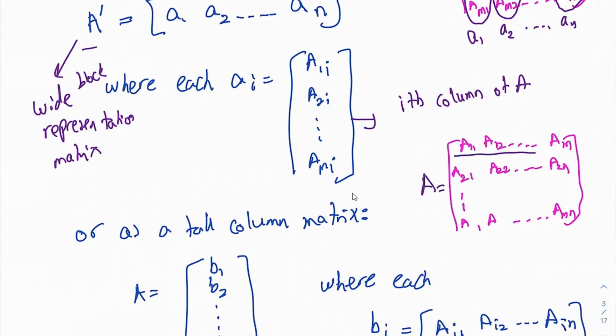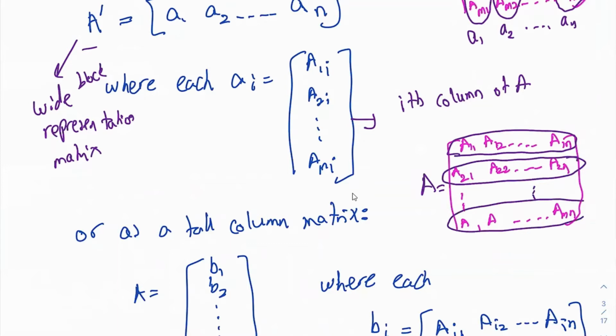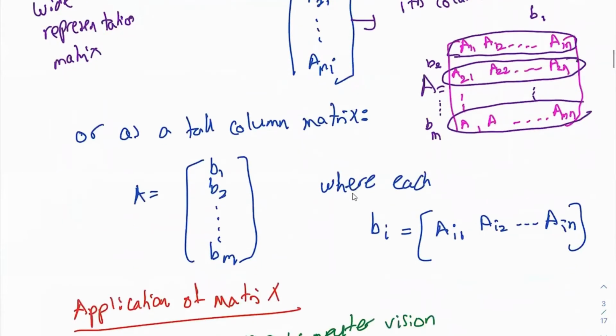I will consider this one as the first element, this one as the second element, and all the way this one as the mth element. We have m rows, so this one will become B1, this one B2, all the way to Bm. That's the definition that I have here for A, where each Bi is the ith row of matrix A.